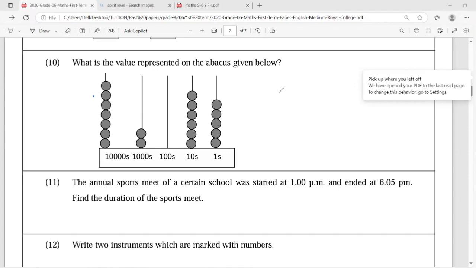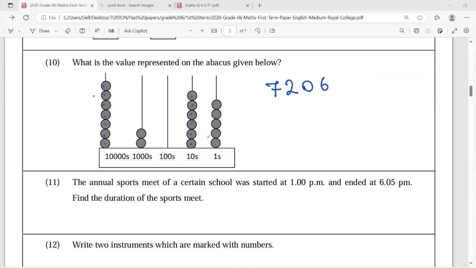Therefore, you have 7 ten thousands, and 2 thousands and 0 hundreds. 6 tens, and 5 ones. It's going to be 72,065. So this is the value represented on the abacus.